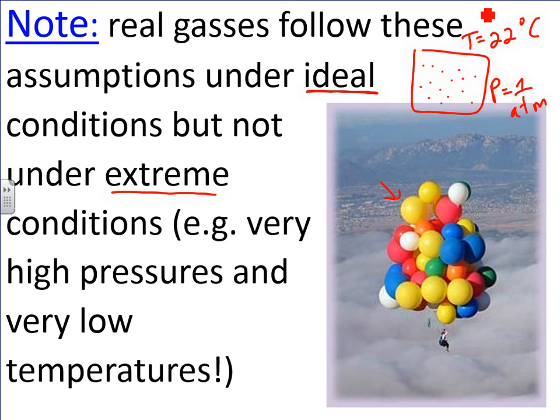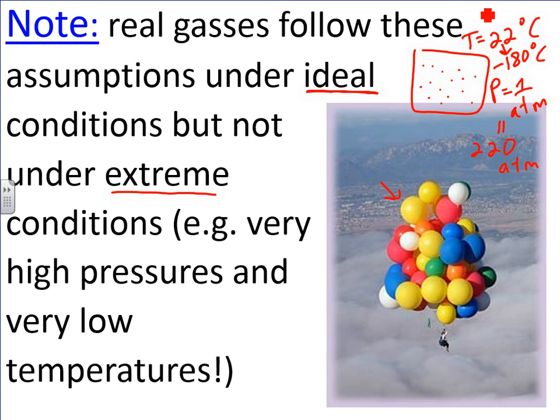But if the temperature gets reduced all the way down to like negative 180 degrees Celsius or something, or if the pressure goes up really, really high, say to 200 atm or something, these conditions will be called extreme conditions, and then you cannot use these assumptions.